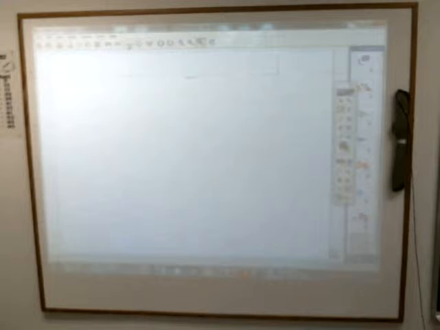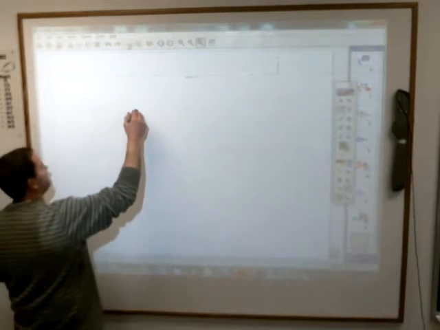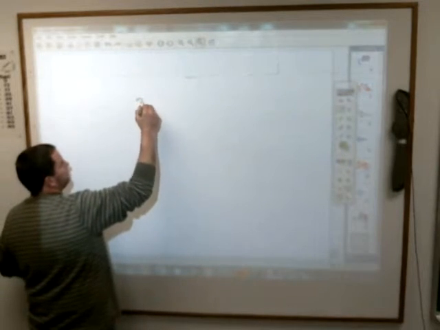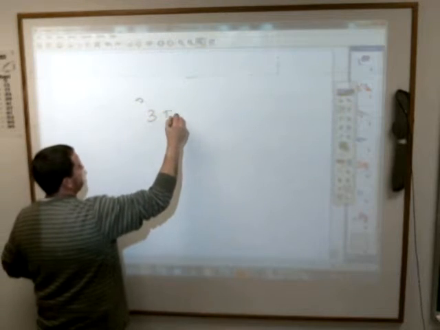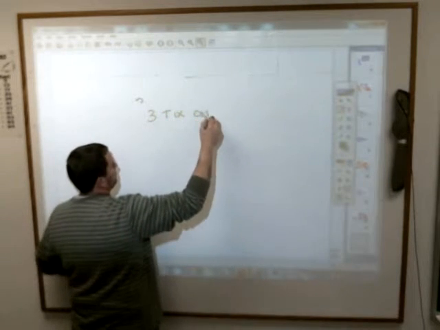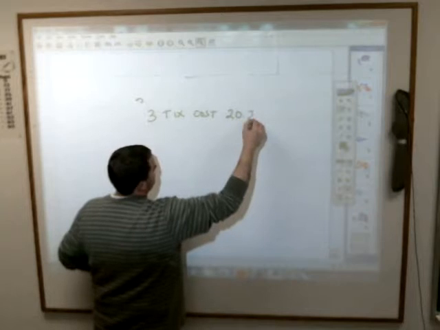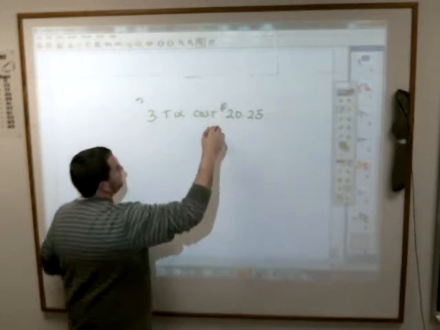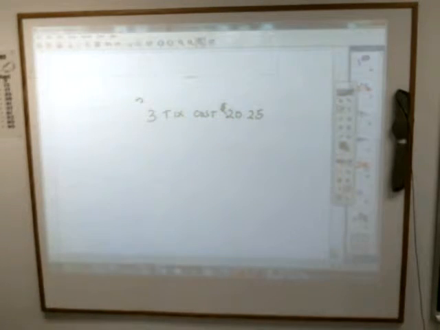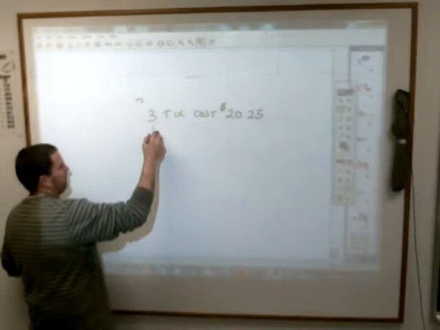How about this one? 3 tickets cost $20.25. Cheap tickets. Very cheap. How much would 7 tickets cost?